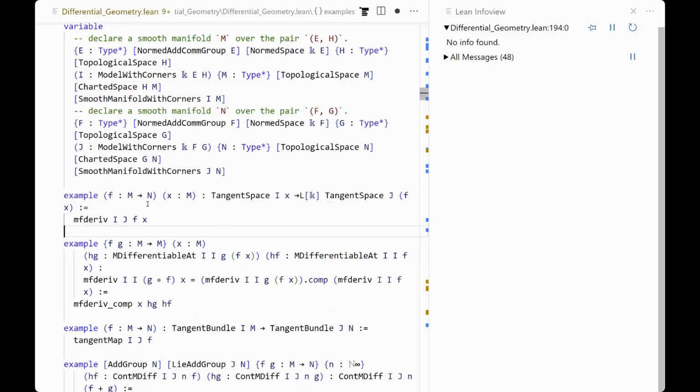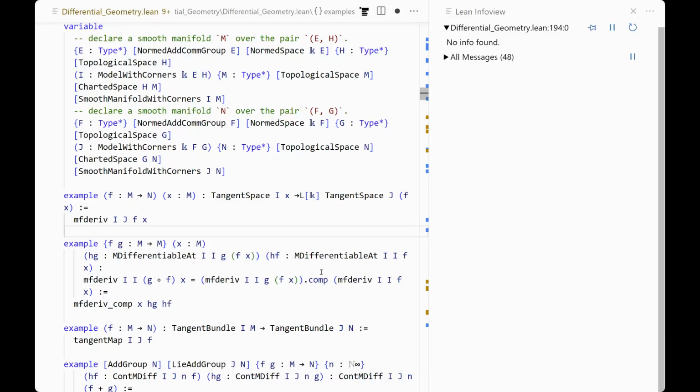If f is a map from M to N, then at a point x it induces the derivative on the tangent spaces. So it's a continuous linear map. This is the notation for continuous linear maps from the tangent space at x to the tangent space at f of x, and mfderiv is the name for it.